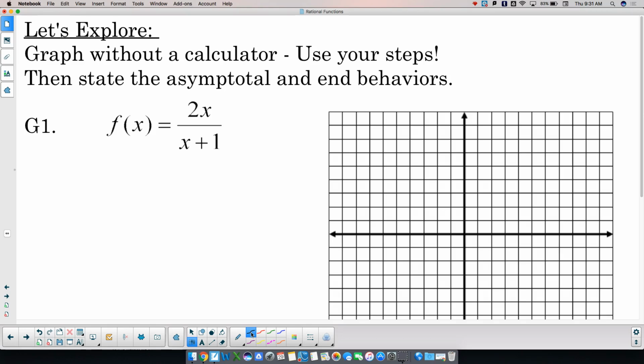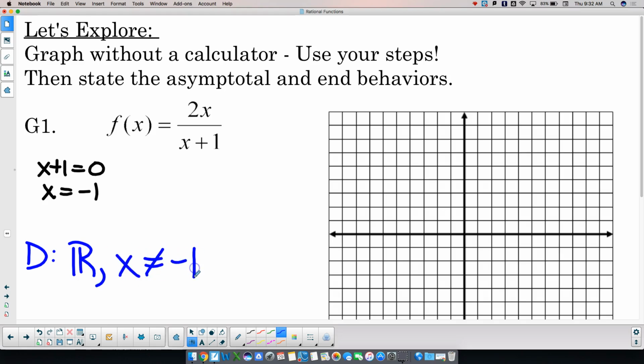So the first thing I'm going to say is x plus 1 equals 0, so that gives me x equals -1. Agree? So what is the domain? All real numbers, but x cannot equal -1. Fantastic.